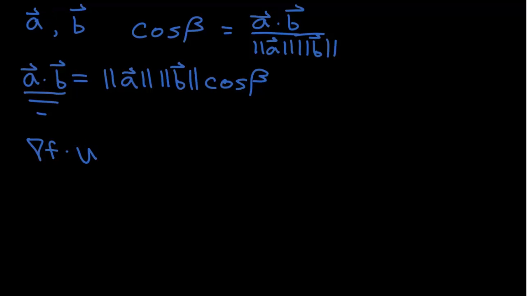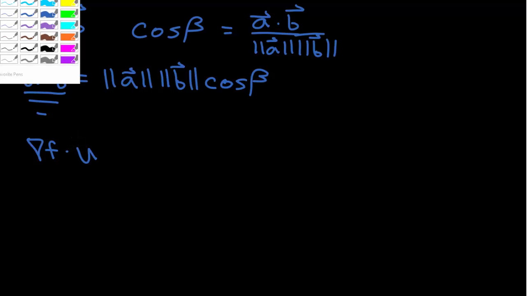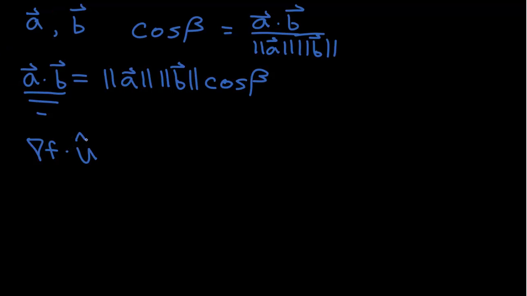Let's just suppose that we make that dot product, and let's see what we get. That's of course a dot product. Well, we know that we can write that as the magnitude of the gradient of f times the magnitude of u times cosine of beta.